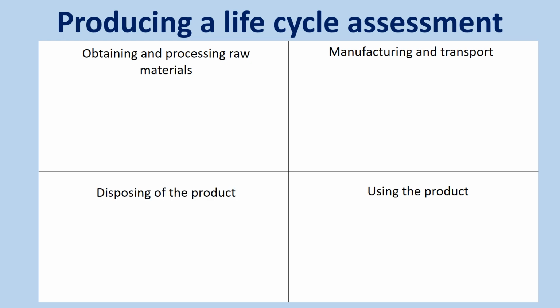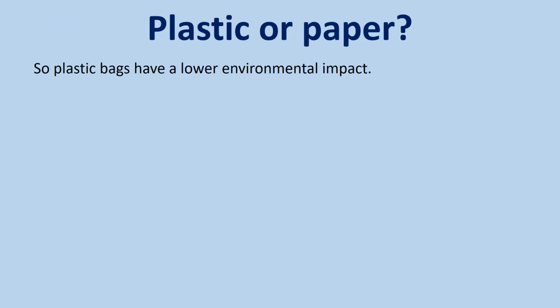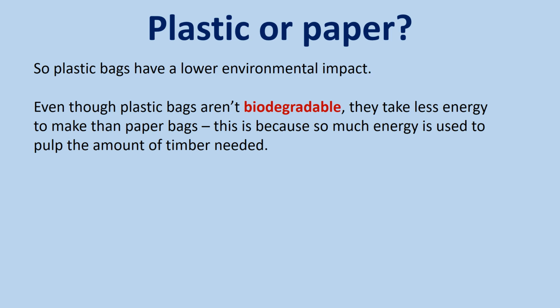Okay, so when you want to do a life cycle assessment, you have to compare obtaining and processing raw materials, manufacturing and transport, disposing of the product and using the product for two corresponding materials to see which one's the best, in this case plastic and paper. So, plastic bags have a lower environmental impact.